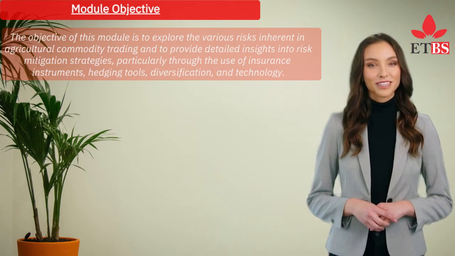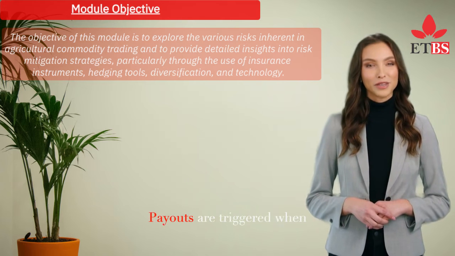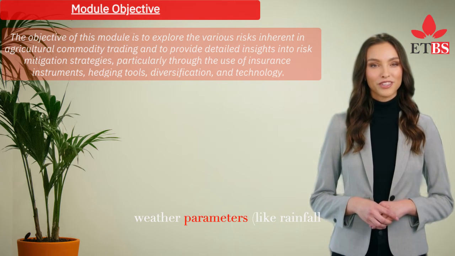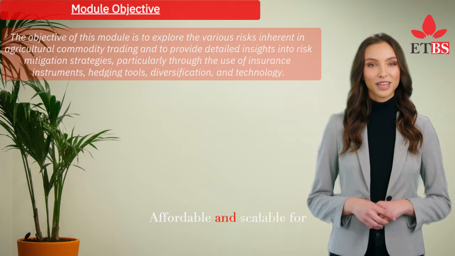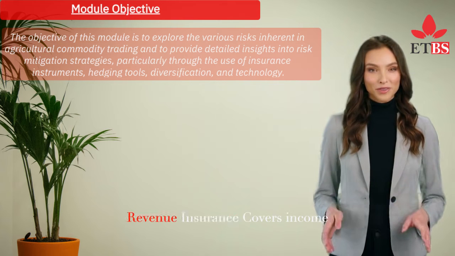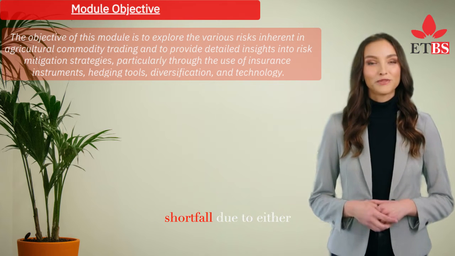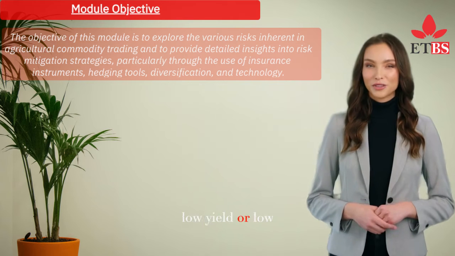C. Index-based weather insurance. Payouts are triggered when weather parameters like rainfall or temperature cross a threshold. Affordable and scalable for smallholders. D. Revenue insurance covers income shortfall due to either low yield or low price.